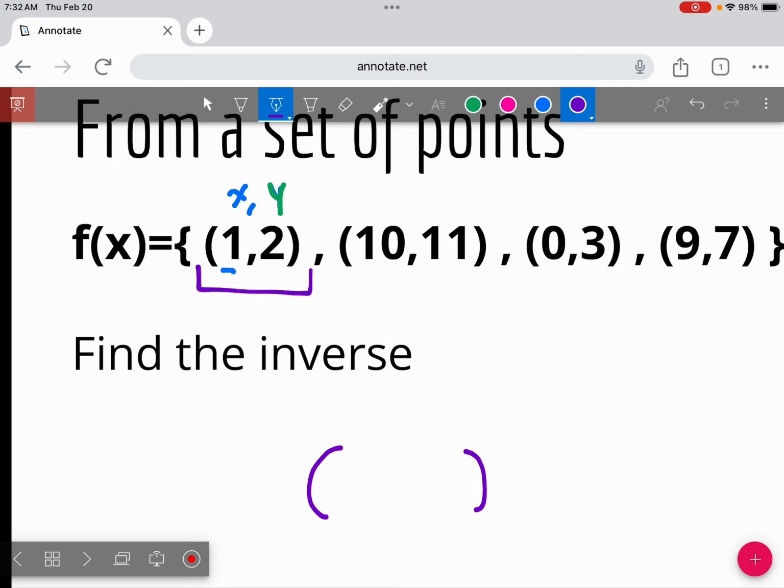So I find my x, which is 1. I find my y, which is 2. Change places. The 2 is going to go in the front, which I definitely want to write in green. The 1 goes in the back.